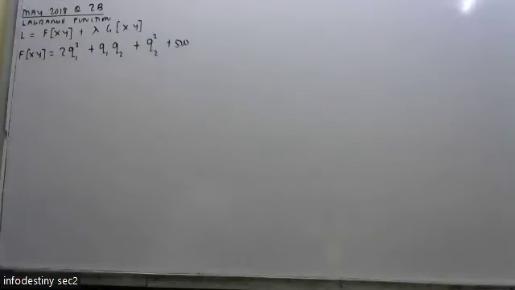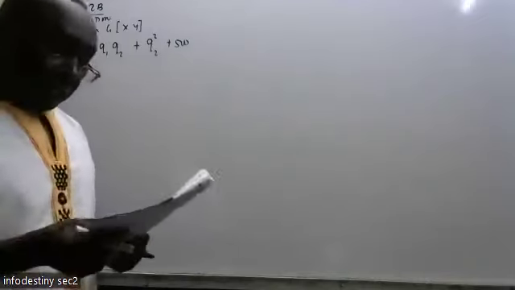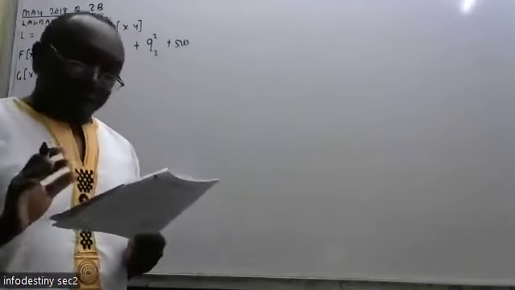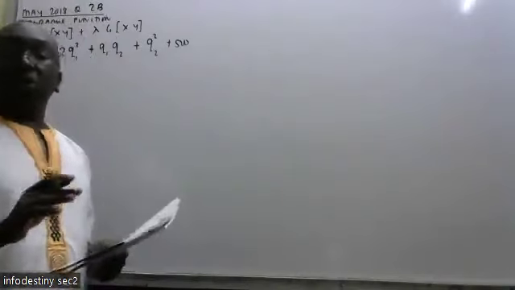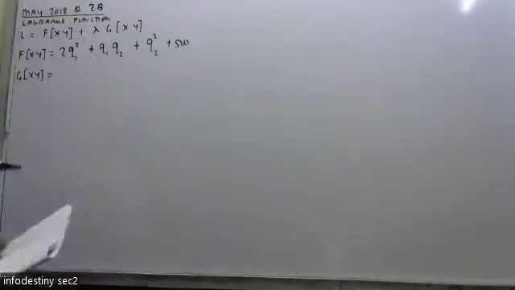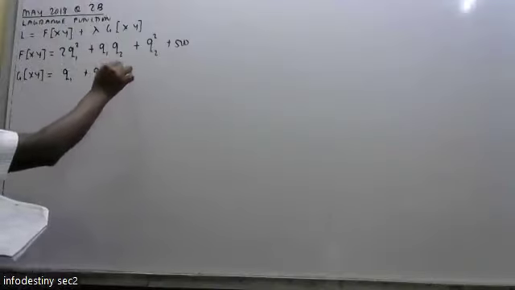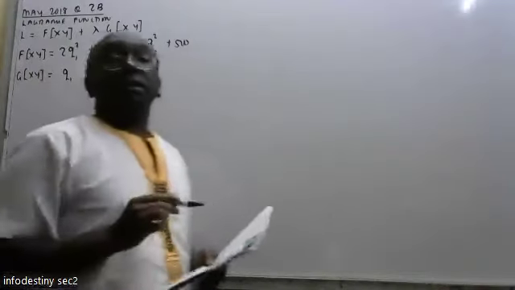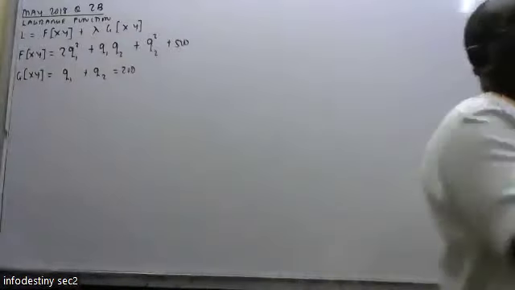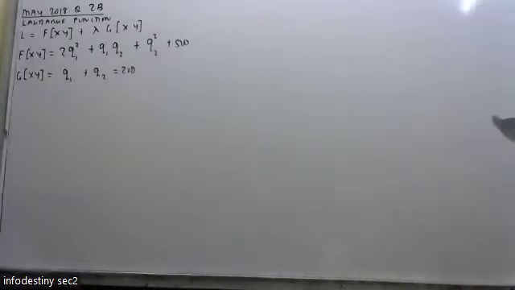So we have the G of XY. Now G of XY is the function of the constraint. The constraint here, we are told they have received an order to produce 200 units. What that tells you is that whatever number of units of Q1 and Q2, when you combine them, they should be equal to 200.